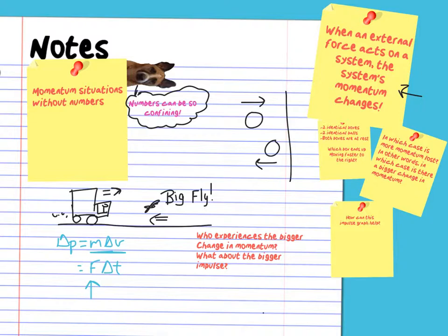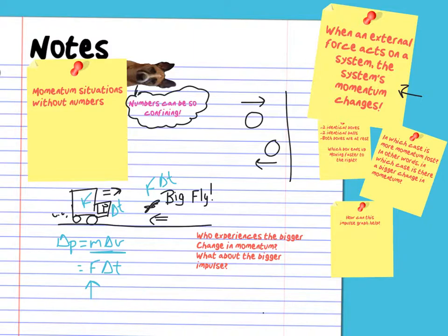So in this case, there is the same force on the truck and the same force on the fly. The collision time of the truck is the same as the collision time of the fly, which means that the impulse on the truck is the same as the impulse on the fly.